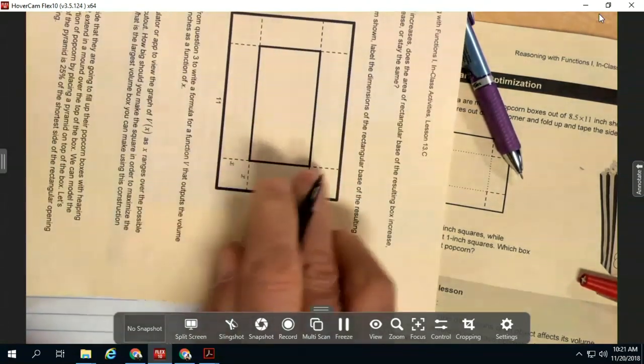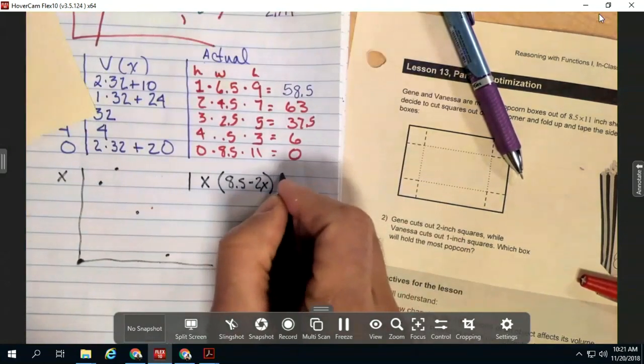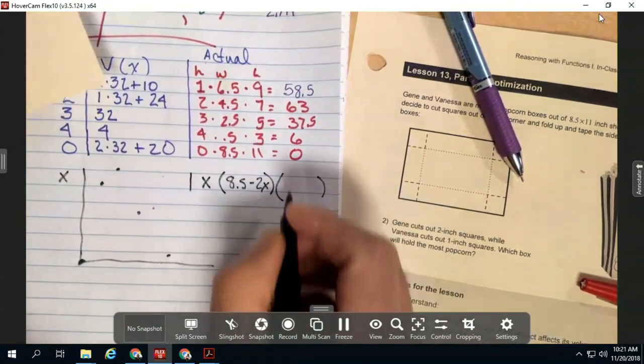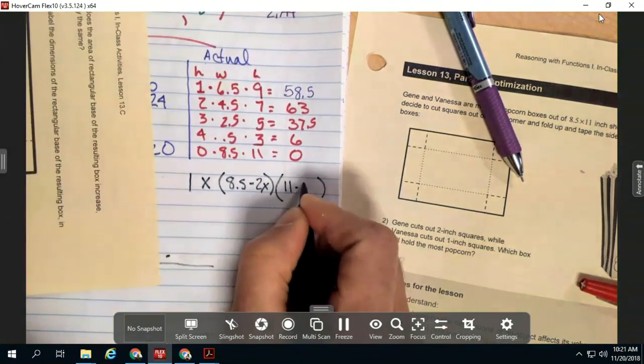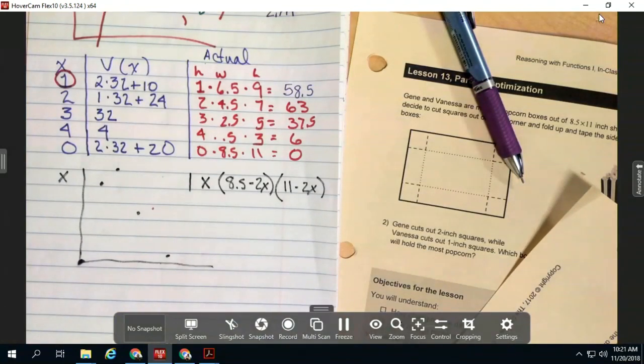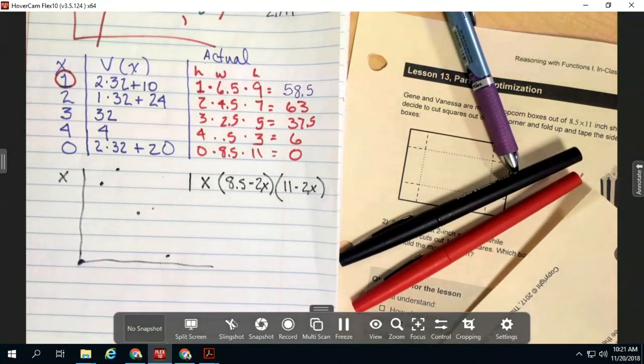Because there's an x on this side and an x on this side. What will our last dimension be? 11 minus 2 x's. We can graph that function.